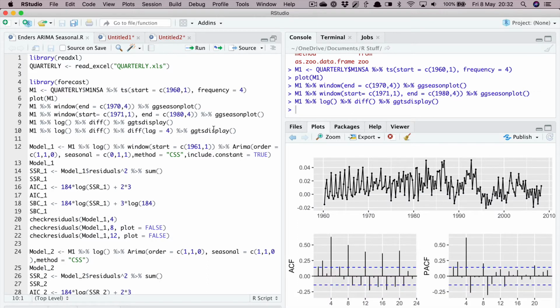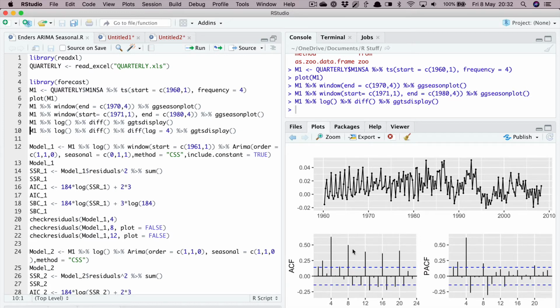As we can see now, it looks as if the trend has been eliminated, but notice these spikes here at 4 and 8 and 12 and 16 and so on, which is indicative of that seasonal pattern, with it being quarterly data.